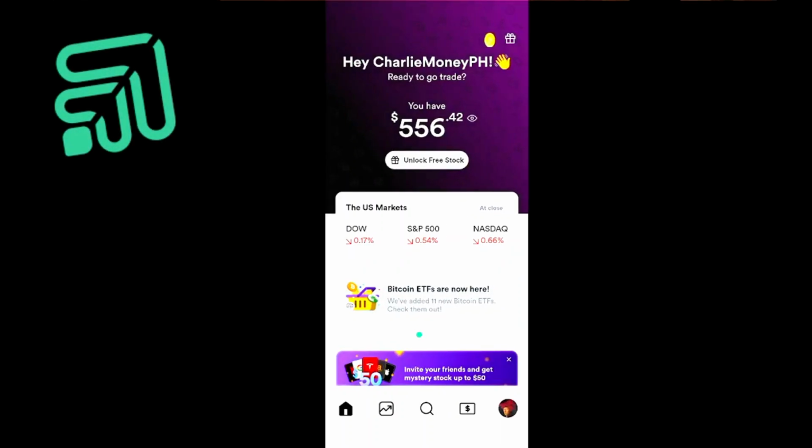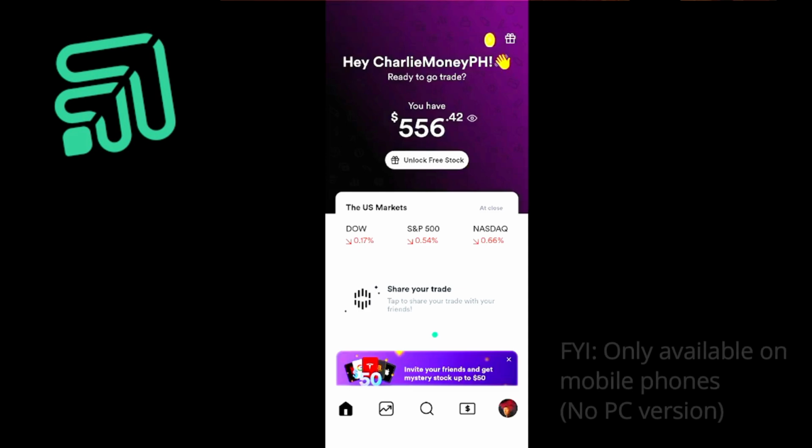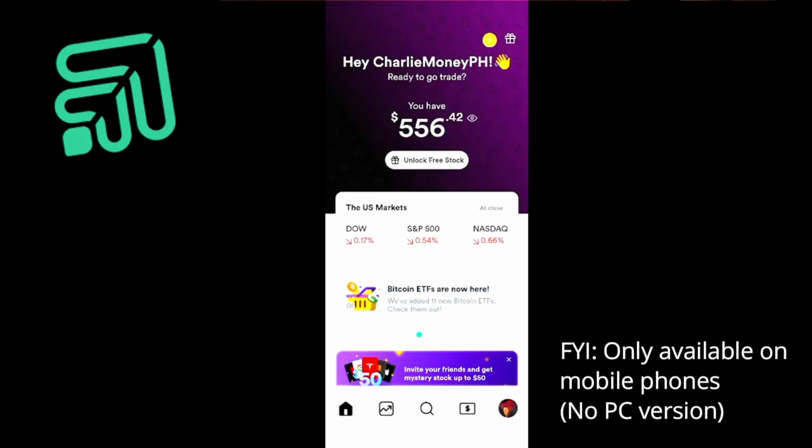So this is the interface of GoTrade, and at the top you could see your nickname, which you could edit later in the setup, and the numbers.